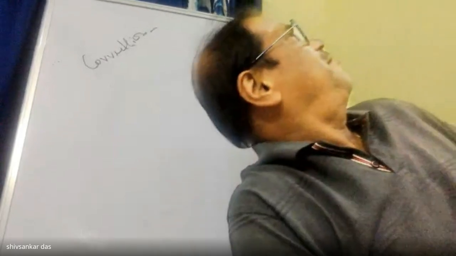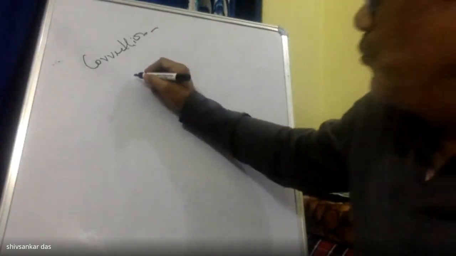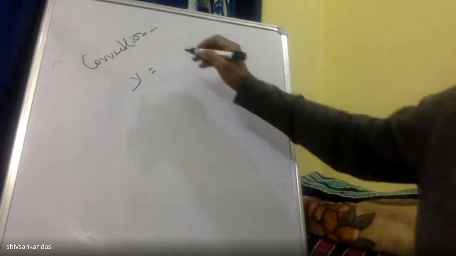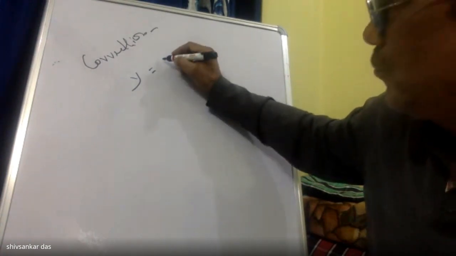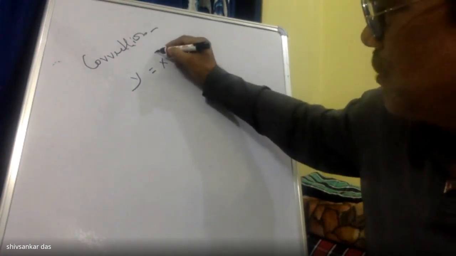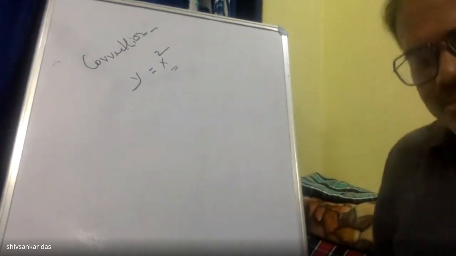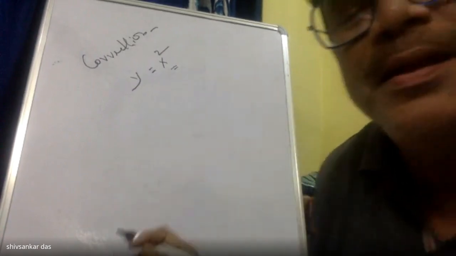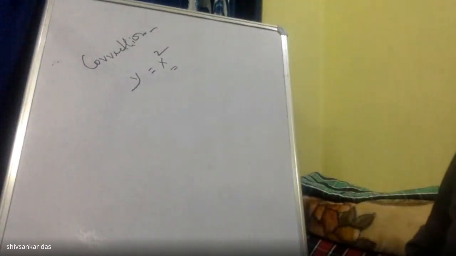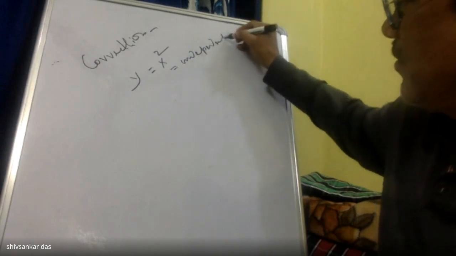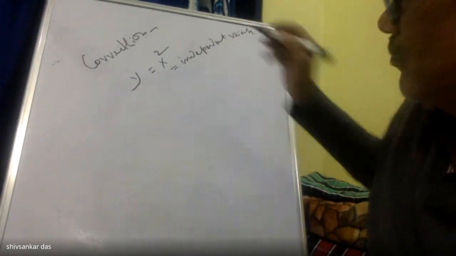Let us say y is equal to x squared. Is x an independent or dependent variable? X is the independent variable. Y is the dependent variable.